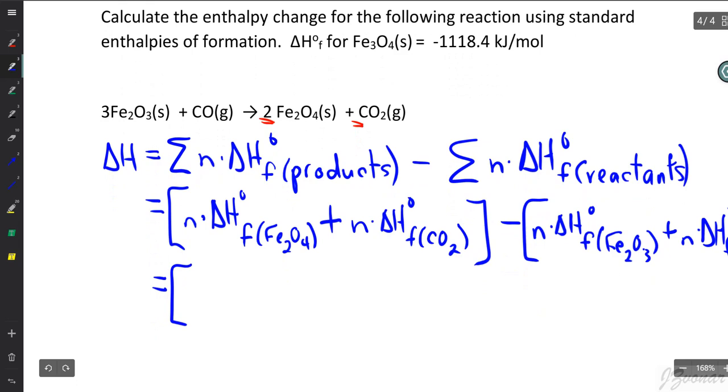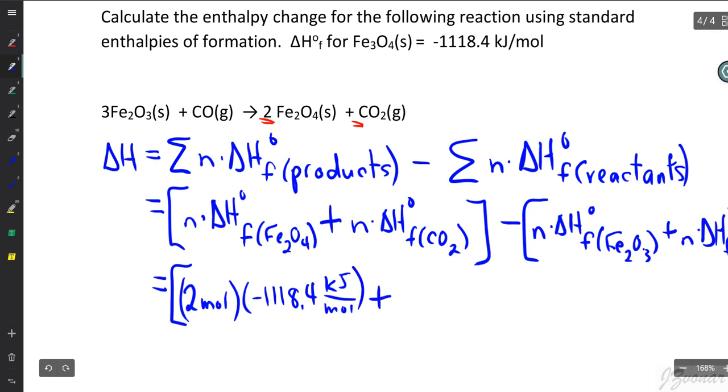So I've got 2 moles from the balanced equation of Fe2O4. As well, in the given question, it's told us that its delta H of formation value is minus 1118.4 kilojoules per mole.